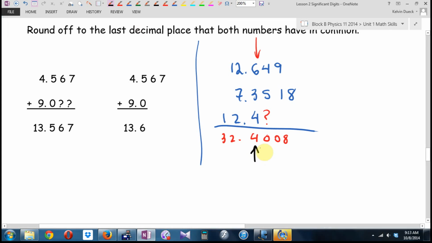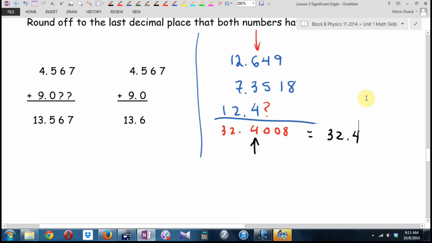Is the 4 going to stay a 4 or round up? Stay a 4. Final answer, 32.4. So this one was to 3 sig figs, and one of my numbers was to 3 sig figs to begin with. Kyle, that's a coincidence. Adding and subtracting is, to me, far more difficult. Multiplying and dividing, I can almost do that in my sleep. Adding and subtracting, it's more work.